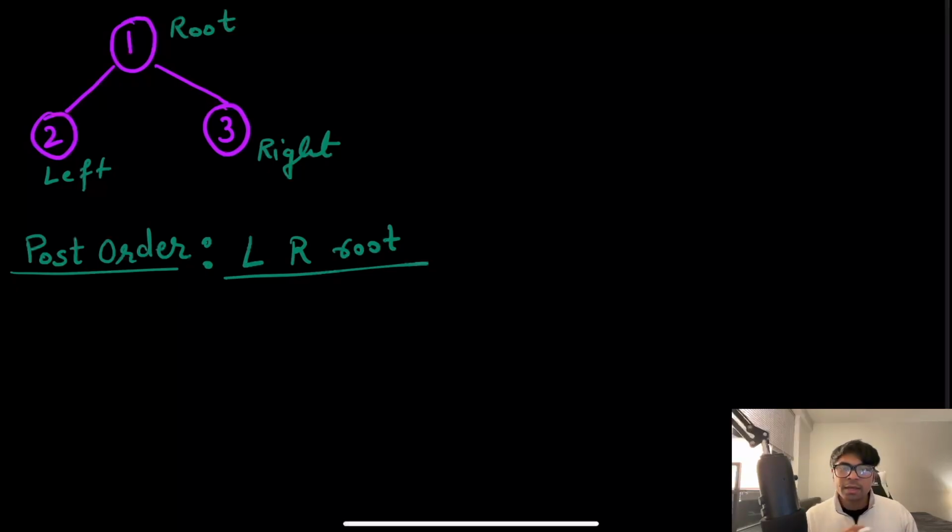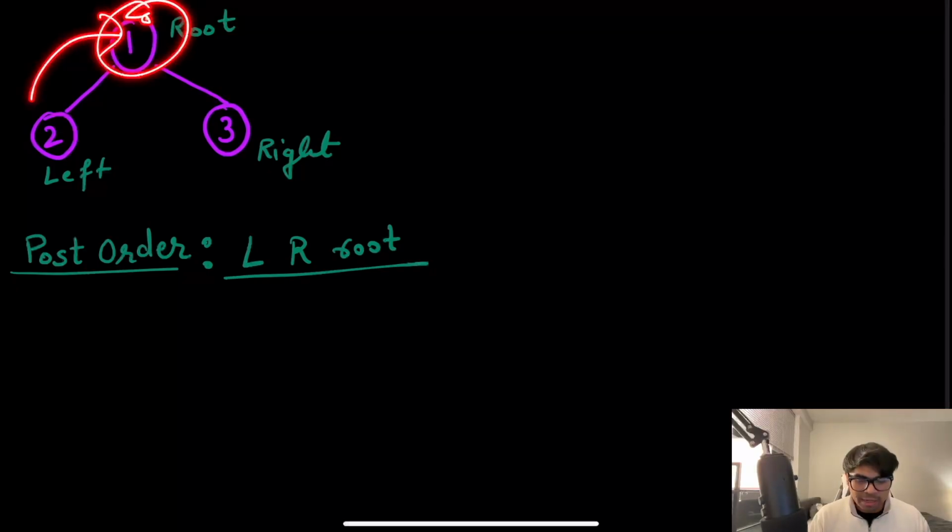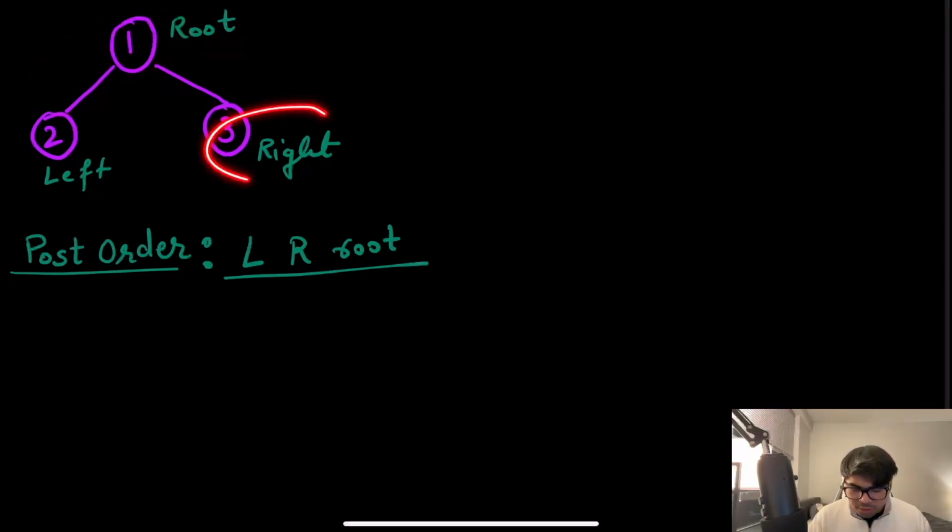However, this one is a little complicated because this time what we really want to do is process our left node or left subtree, and then instead of first processing a root or going to the left subtree, we want to process right, and then coming back we want to process the root. So that means every node is being visited twice. The first time we are visiting it, we're not processing it.